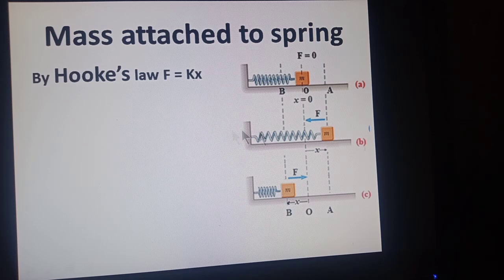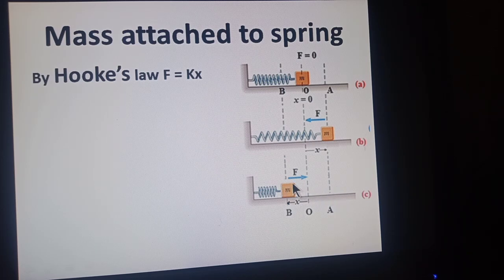Its value depends upon the nature and material of the spring that we are using. Its value is different for different springs. So, by Hooke's law, the force that we need is F equals kx. And when we apply this force, the spring is compressed and mass is shifted from point A to point B.